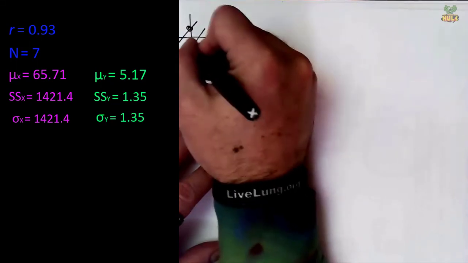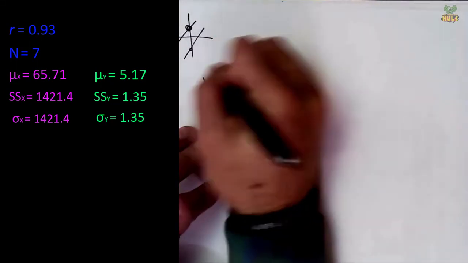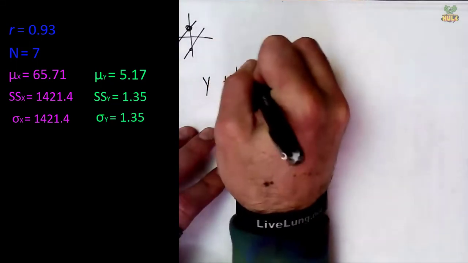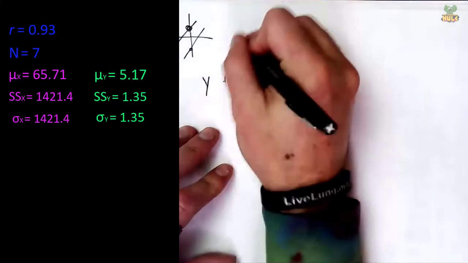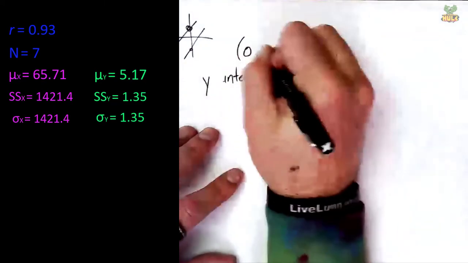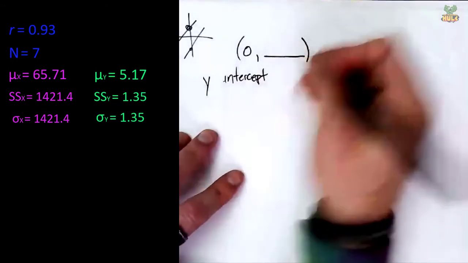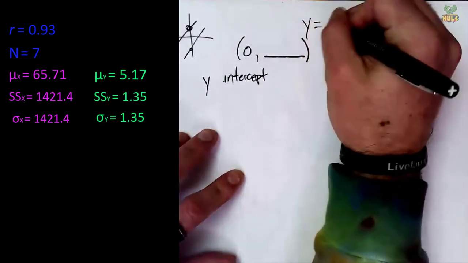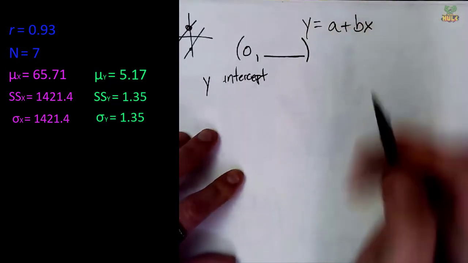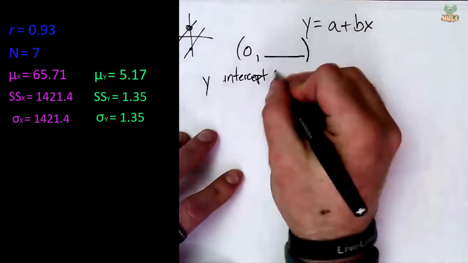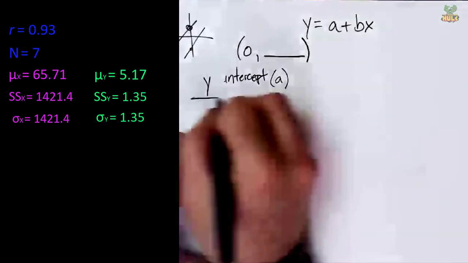Or it crosses here, and then x is 0. So the y-intercept is when x is 0, and that's the value we're trying to figure out. Remember, in our regression equation, y equals a plus bx, our y-intercept is a. So it's a that we're looking for here.